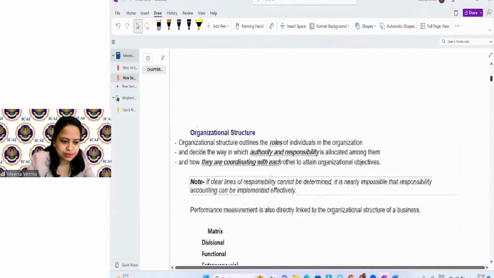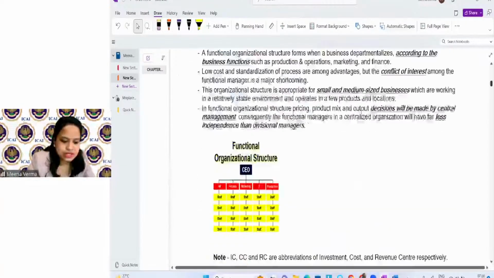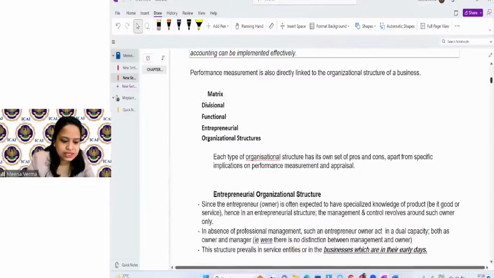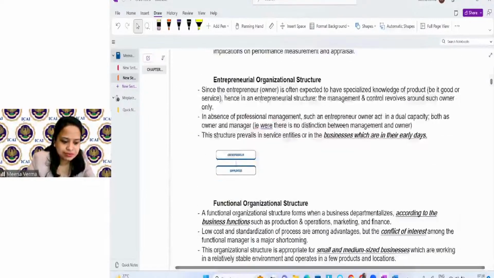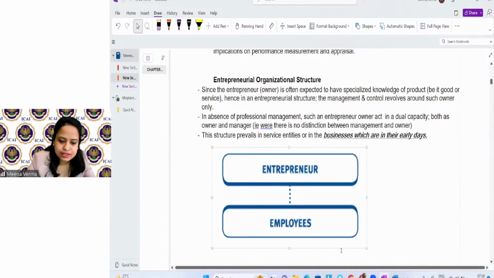All right. Okay. So an organization can have this type of structure: entrepreneurial organization structure, right? This type of organization has an entrepreneur, one person, whom we call a sole proprietary firm, right?